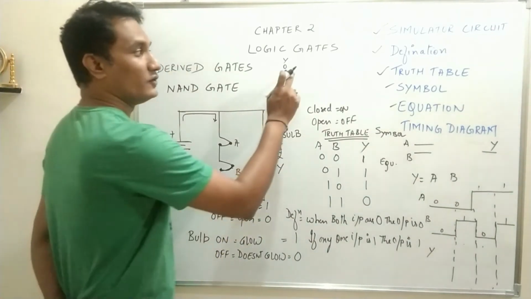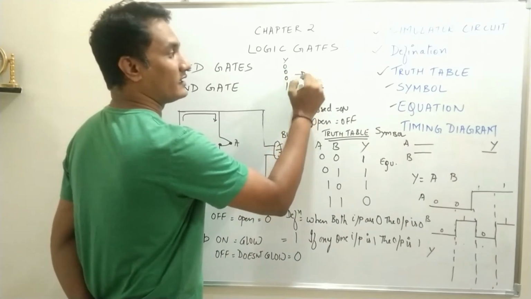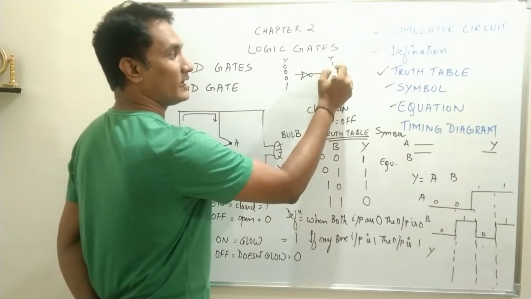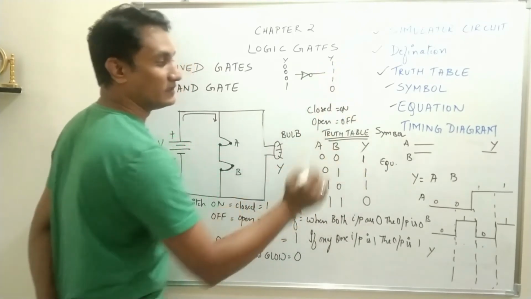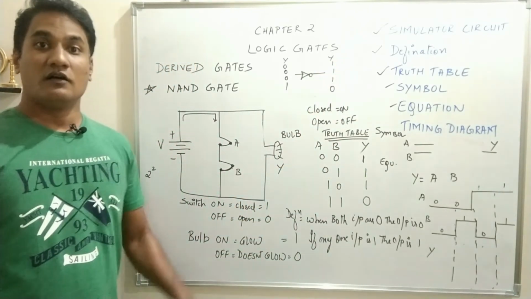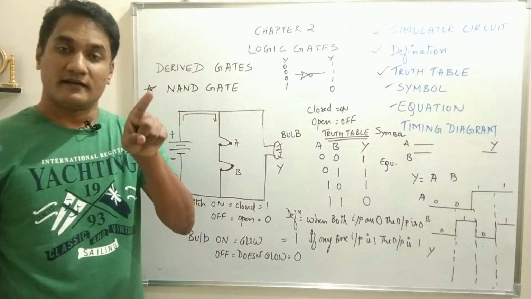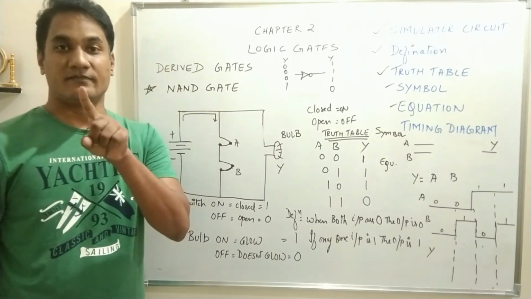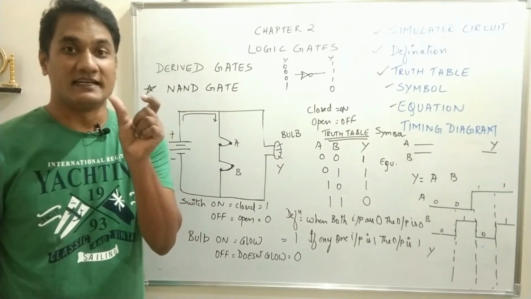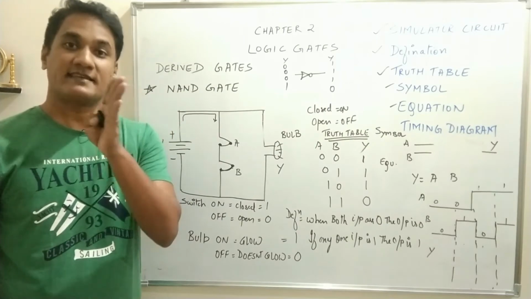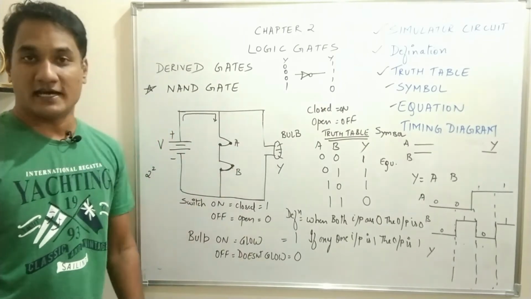So if you apply a NOT gate after an AND gate, what you are going to get is exactly the inverse of this, 1 1 1 0, which is nothing but NAND. So AND followed by NOT is NAND gate, and that is why it is called a derived gate.